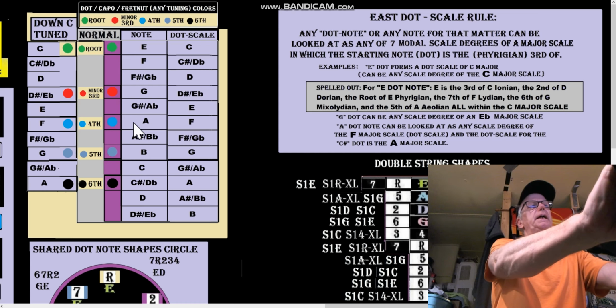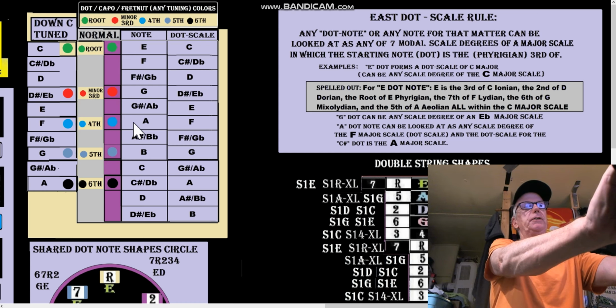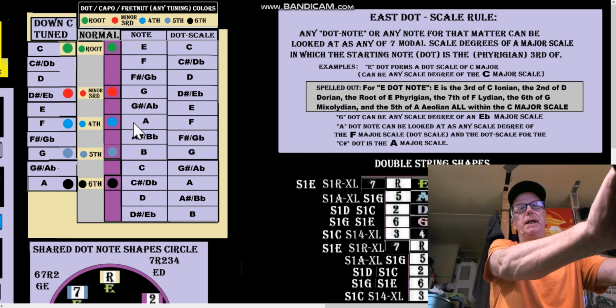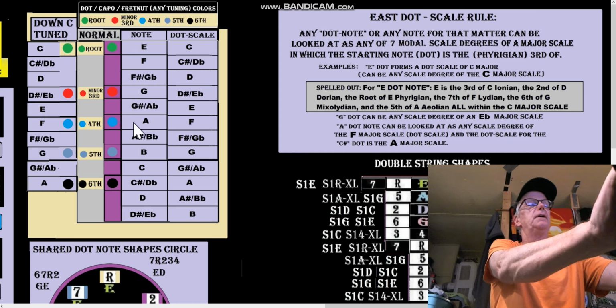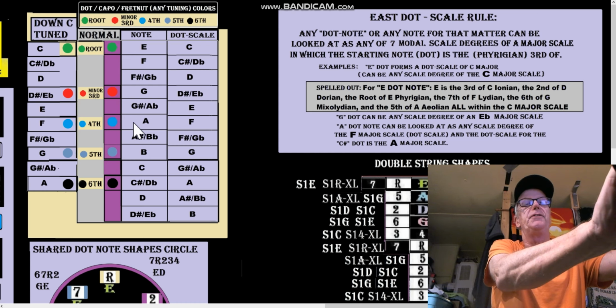We look at that A. Starting from F here, what is that A? A is the 3rd of the key of F. A is the 2nd of the key of G. A is the root of the key of A. A is the major 7th, the leading tone to the key of B flat.